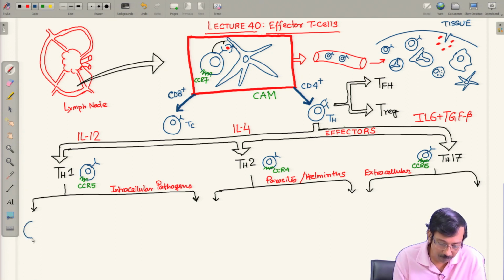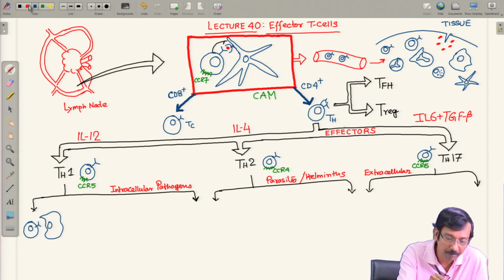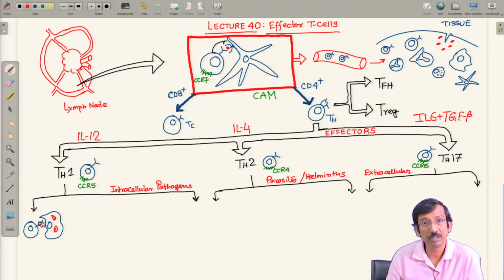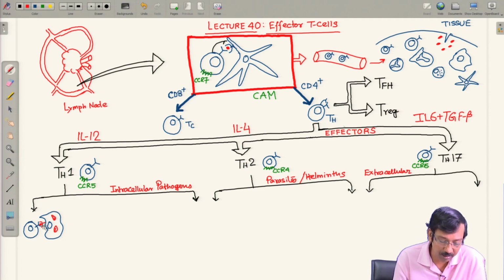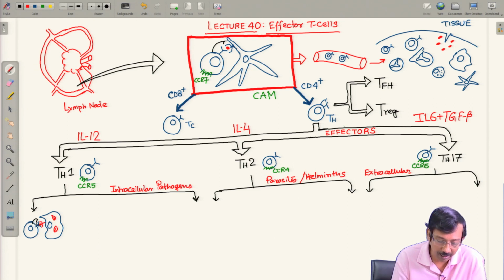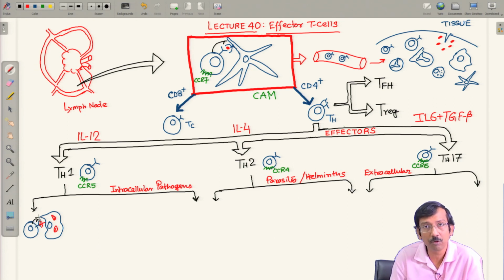So, these are for example, a T helper type 1 cell, and this is a macrophage which has engulfed a pathogen. So, with a pathogen inside, that means an intracellular pathogen in here, and that expresses the MHC on the surface and that interacts with this T cell by the T cell receptor and the CD4 co-receptor.